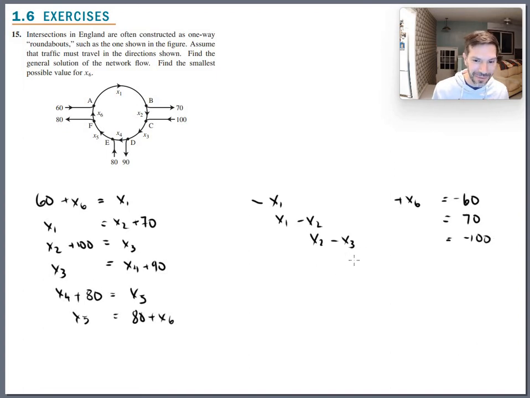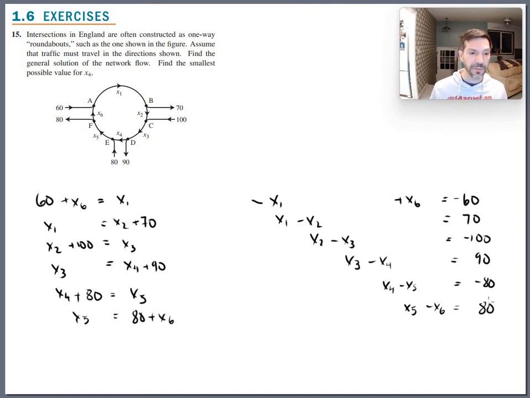The next one is x3 minus x4 equals 90, and then we have x4 minus x5 equals negative 80. And the last one will be x5 minus x6 equals 80.